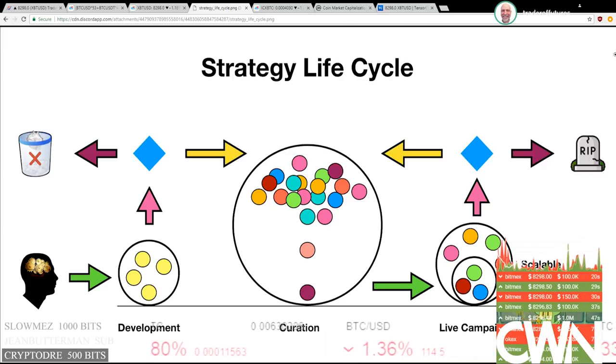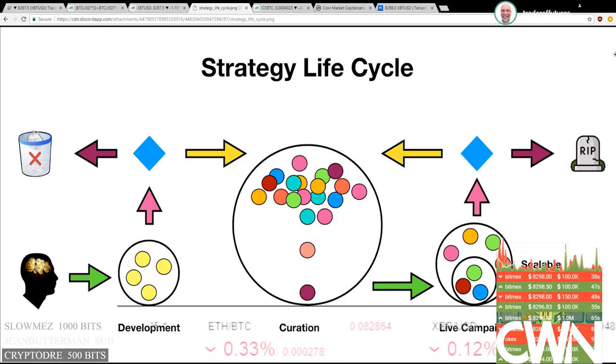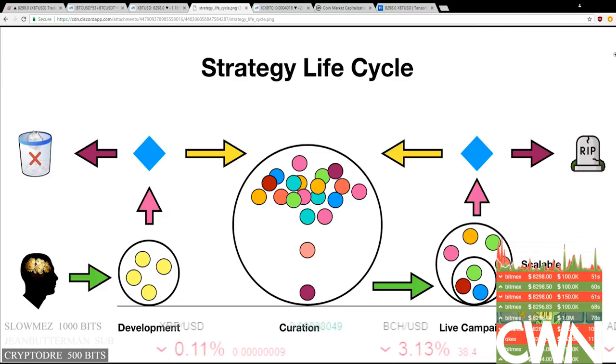But typically, I create what I call a strategy factory, where I am constantly searching for ideas, reading books, looking at the markets, going through websites, whatever. I find strategies that seem appealing to me, and I try to get a good mix of them. Then I test them, I develop them, and then I put them into curation to see how they work.